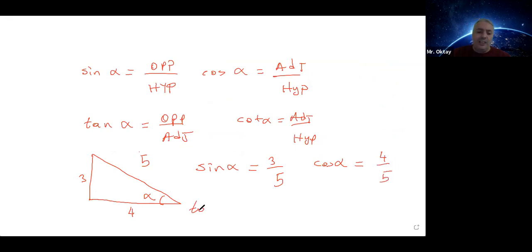What is tangent of alpha? Opposite of alpha, 3, adjacent 4. What is cotangent of alpha? Adjacent is 4, opposite is 3. Memorize this. It's so important and very simple. Okay? Now let's go.